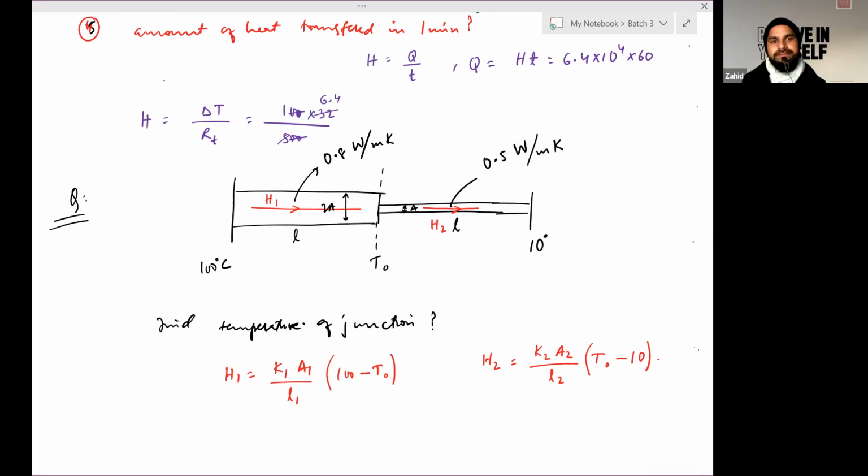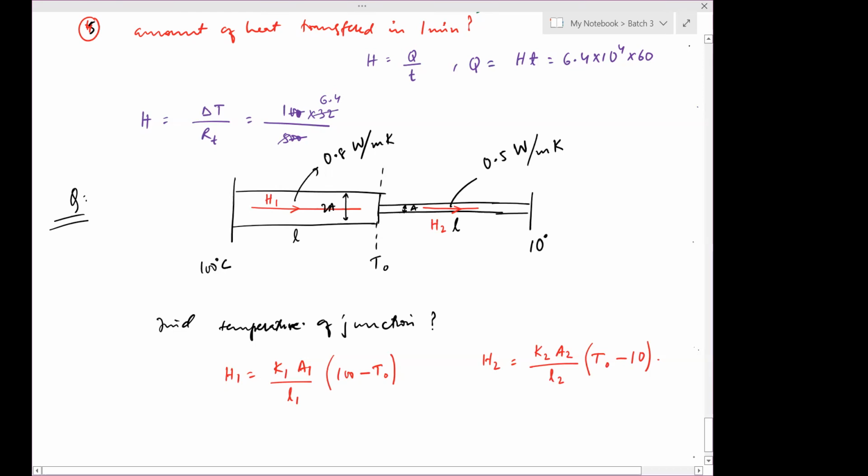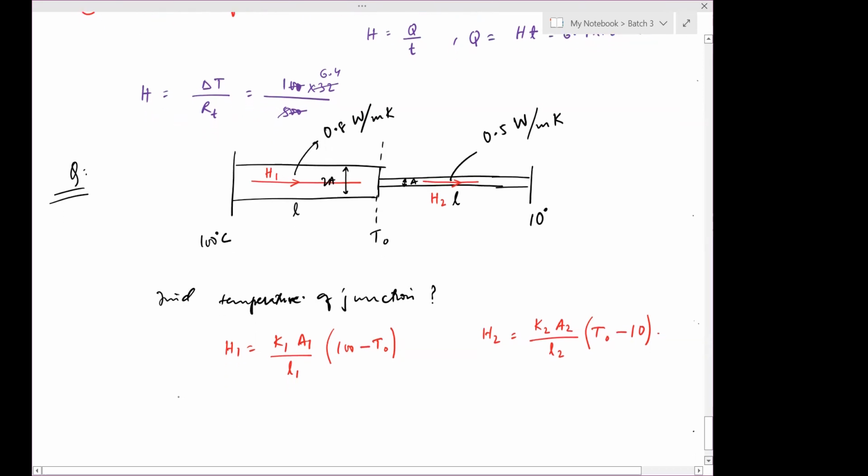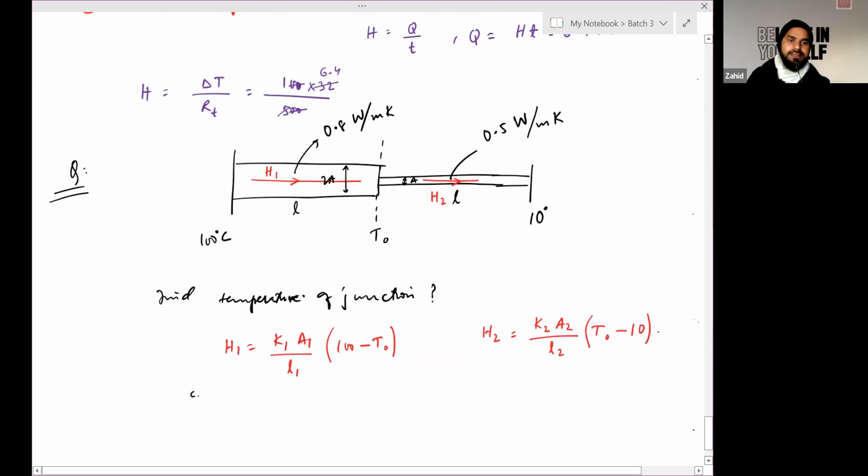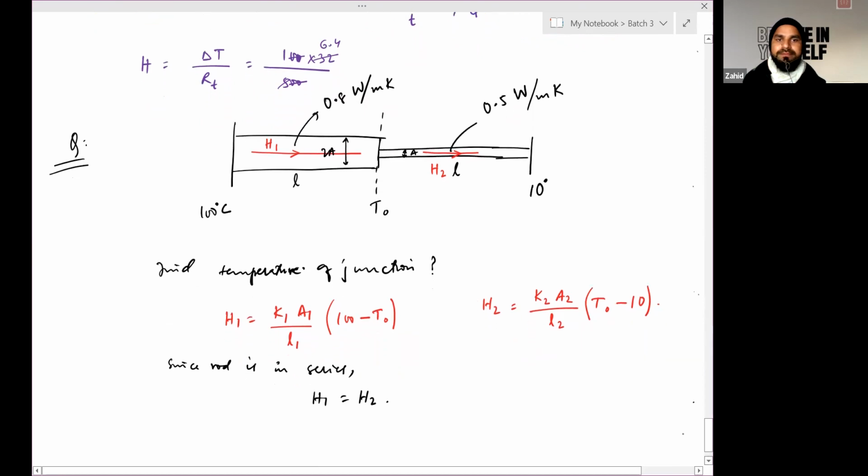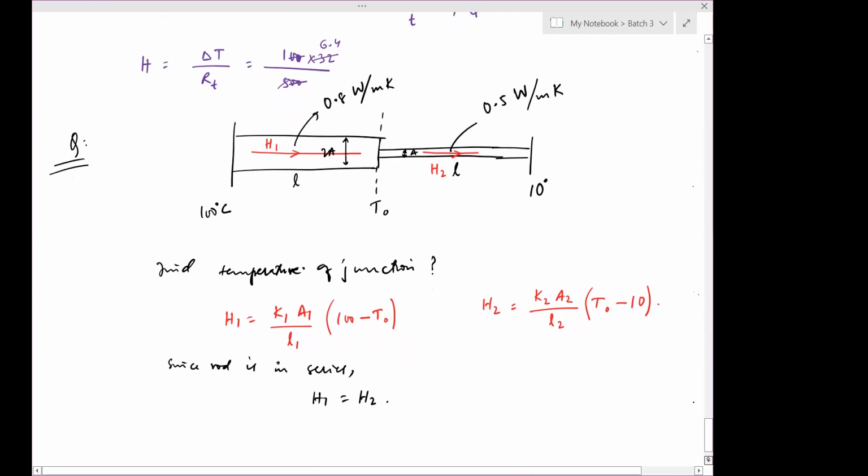Riba? Yes. So since the rods are in series combination, H1 must equal H2. Now put all the values in. K is given, A is given, L is given, and try to find the value of T0. Yusuf, is it clear? Yes, sir. Okay, try to solve for T0.